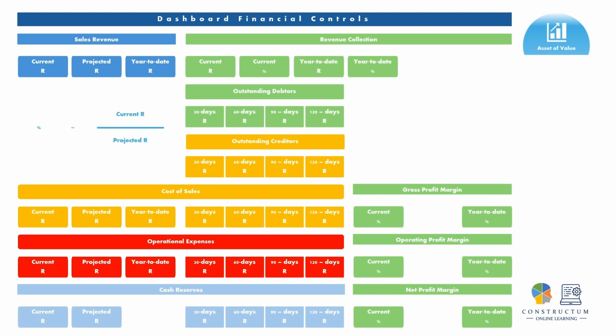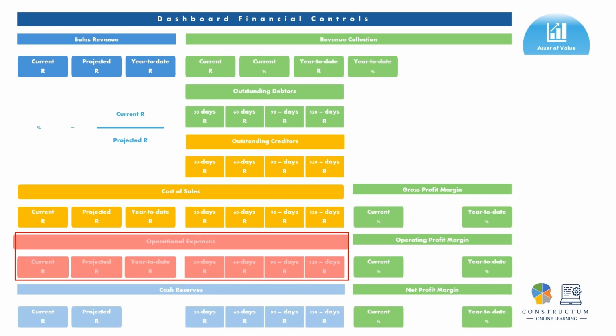Then, very importantly, operational expenses. How well is the business doing in terms of managing operational expenses? You can get this information in the profit and loss statement, but I prefer the information as reflected in the cash flow statement.